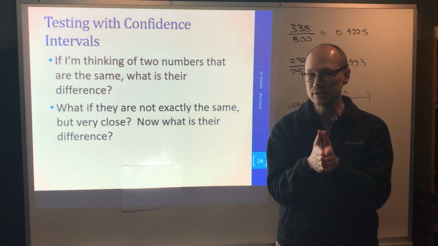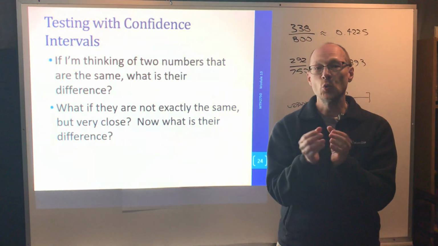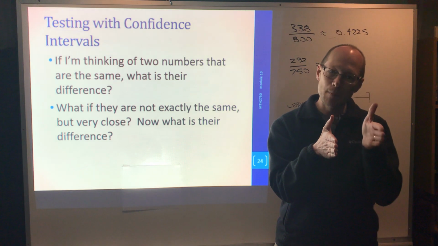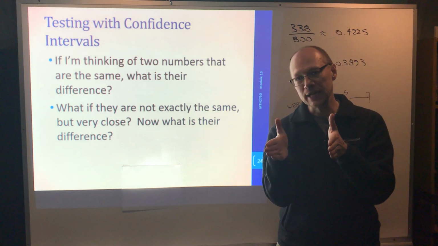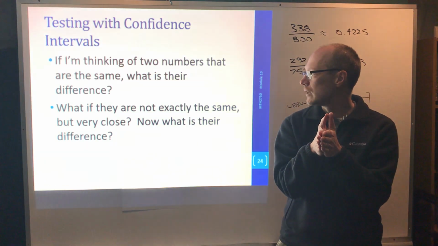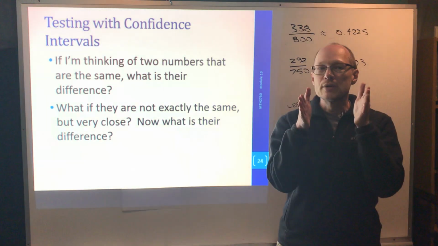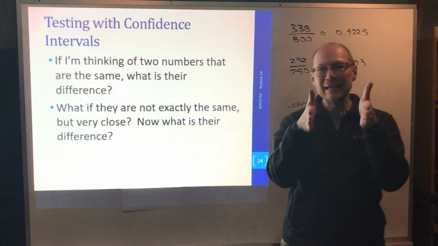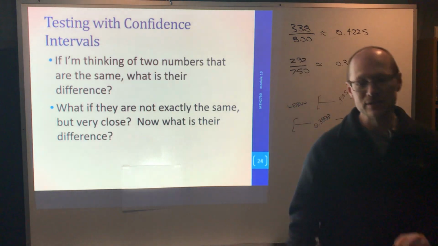And if they're close to the same, then when I subtract them, will I get a number close to 0? Either a small positive number, a small negative number, or maybe even 0 itself, right? So the difference then needs to be close to 0, including something negative and something positive.